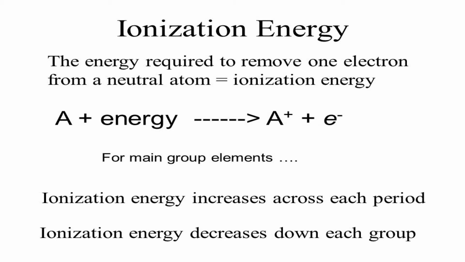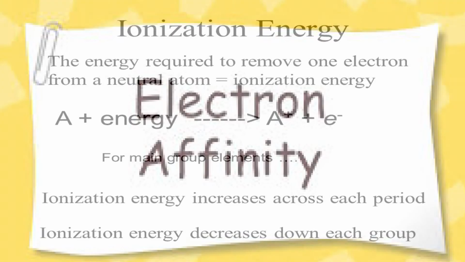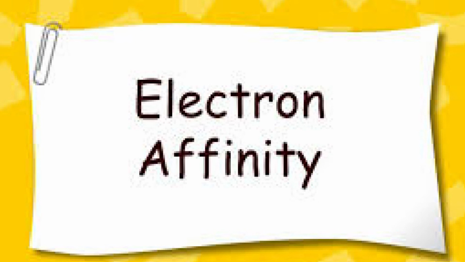The next important property that is related to the element is electron affinity. It is abbreviated as Ea. We have already learnt that to remove an electron from an atom, we have to give energy to that atom. So when an electron is added to the atom, some energy is released.